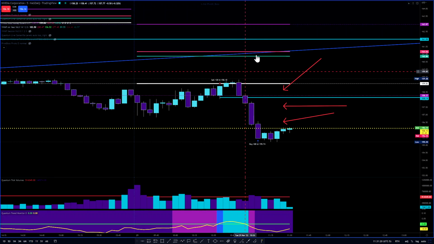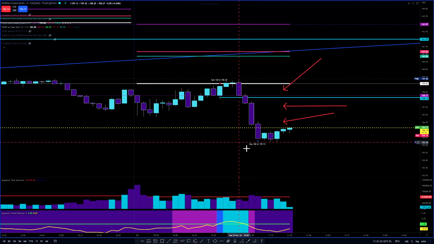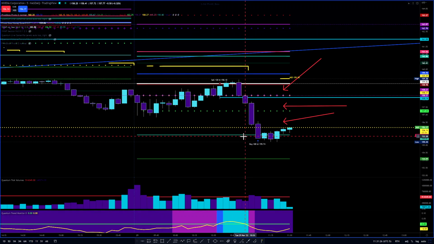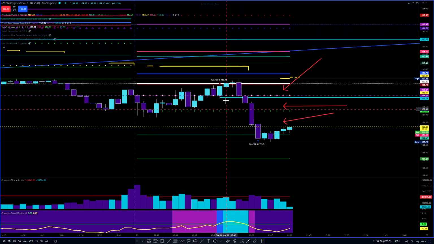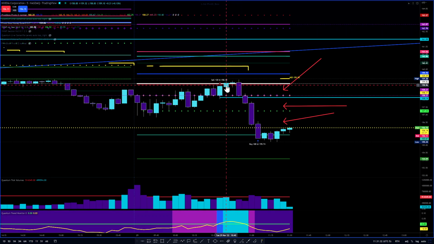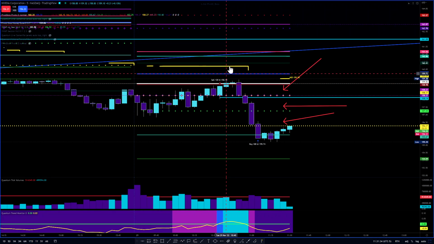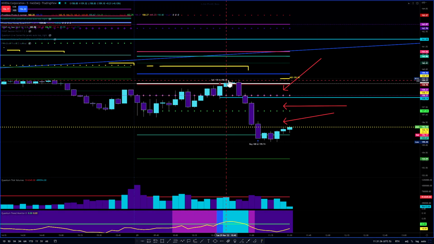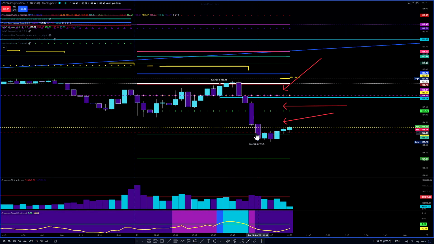So the stop loss is up here, and my target is S1 on the floor pivots, right? Mostly if you get a touch on the central floor pivot range area, you usually get a move down to S1.